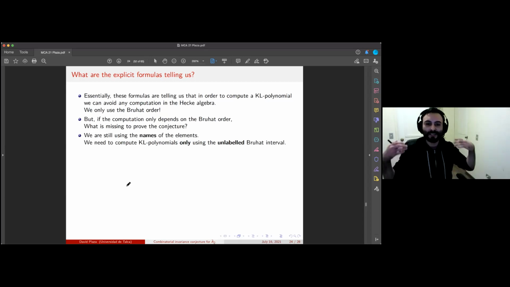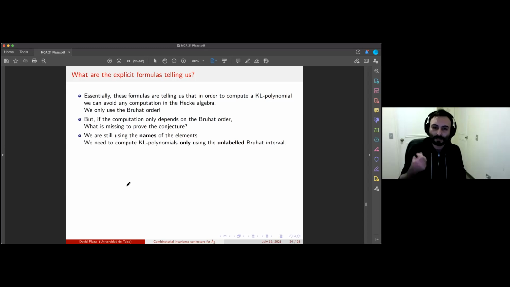The conjecture tells us we are not allowed to use the specific values of the elements involved in the Kazhdan-Lusztig polynomial. So we need to compute a Kazhdan-Lusztig polynomial only using the unlabeled Bruhat interval. And to do this, we need to define some poset invariants.